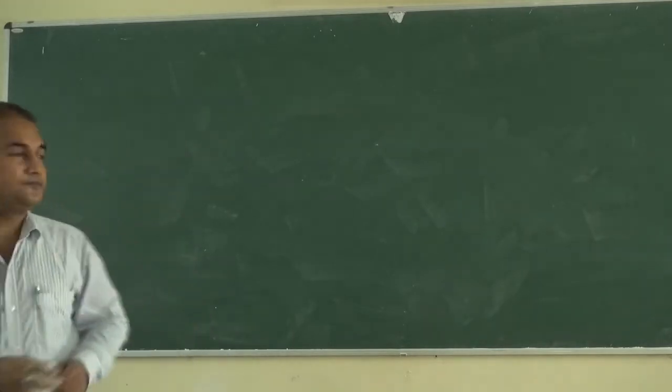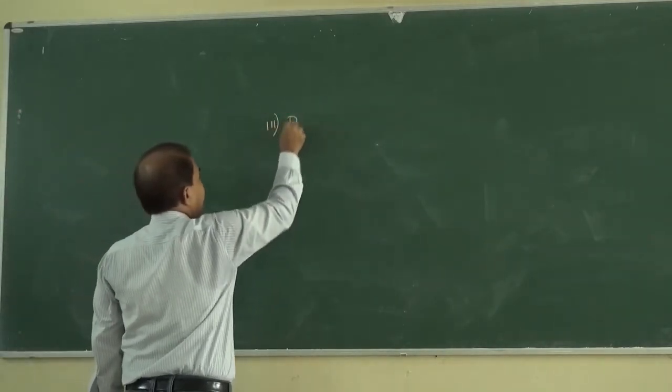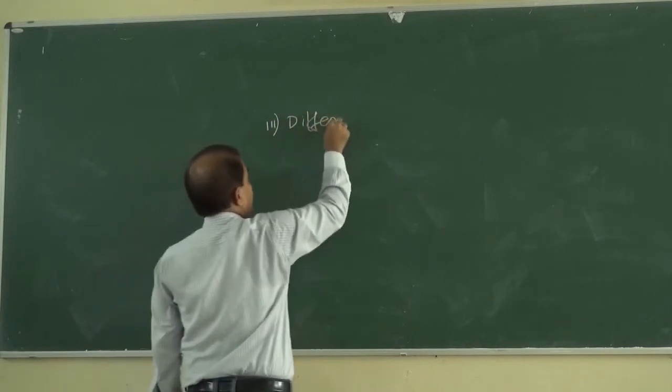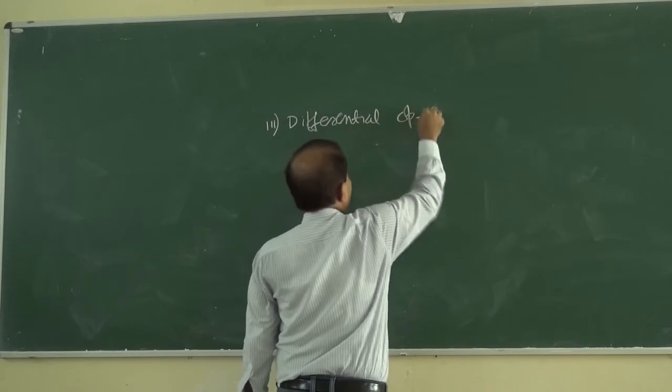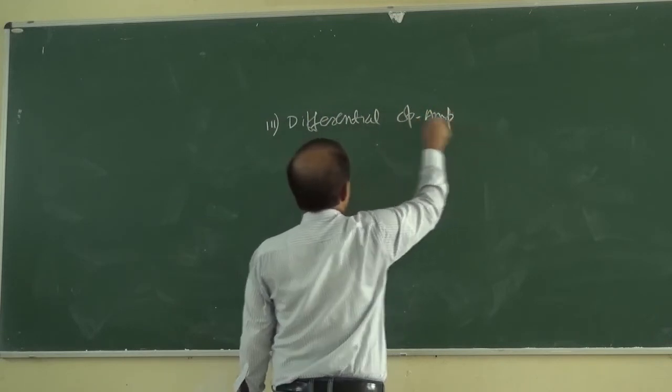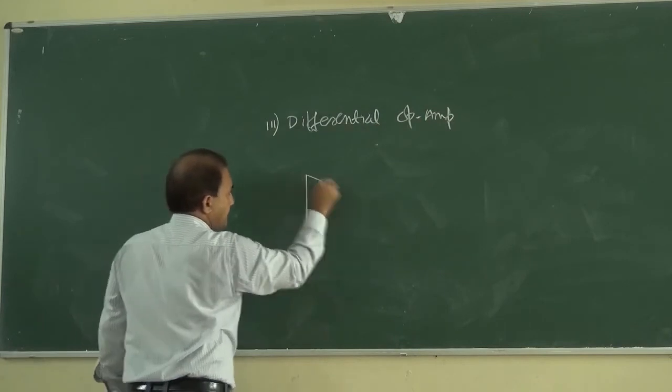Then we will see about the third one, which is the differential operational amplifier. Again it is in open loop configuration.